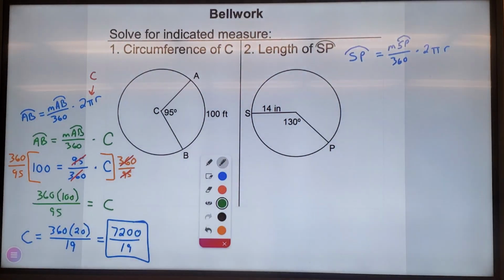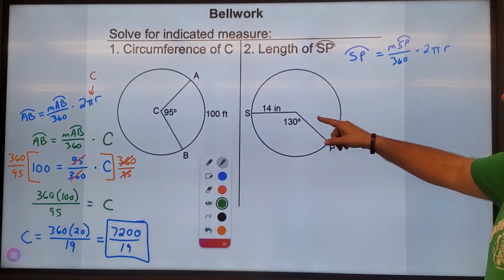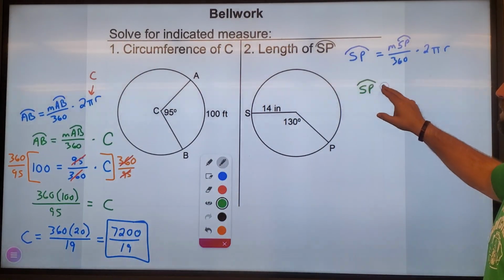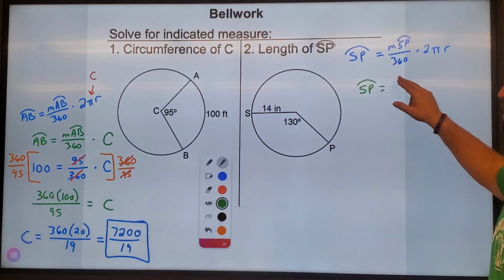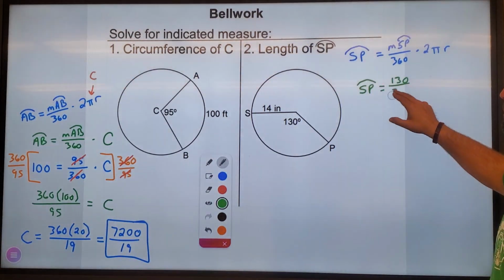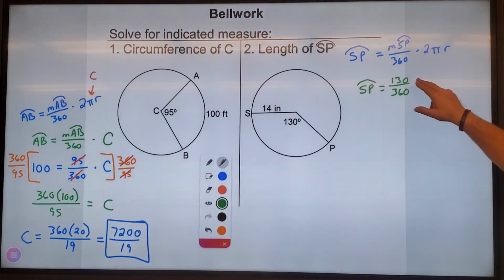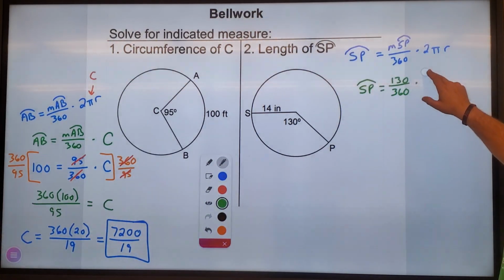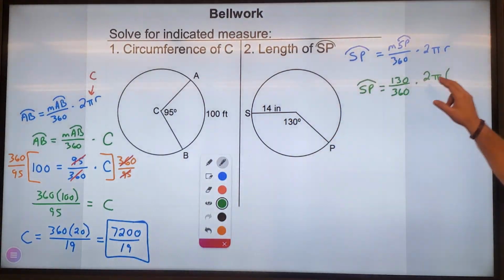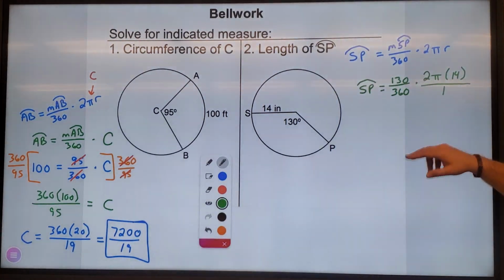And if I plug in what I know, we are looking for the length of SP. I do know that the measure of SP is this 130, the central angle, over 360 times 2 pi times the radius, which was 14, over 1.